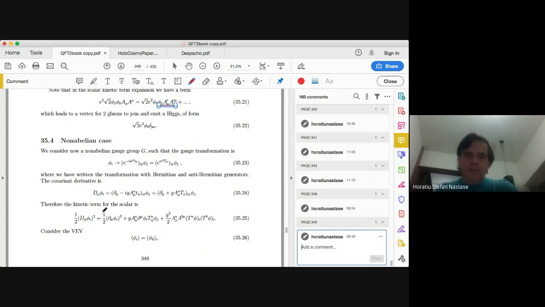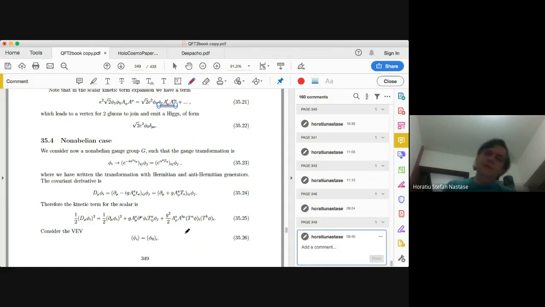And then the kinetic term for the scalar is 1/2 times this covariant derivative squared, which gives 1/2 (d mu phi i) squared, plus third order terms in the fields, g A mu a d mu phi i T a ij phi j, plus this quartic order term in the fields, g squared over 2 A mu a A b mu T a phi i T b phi i.